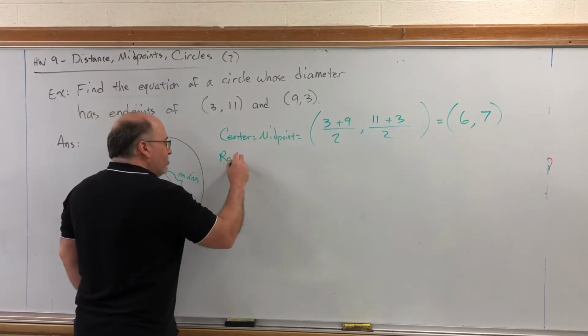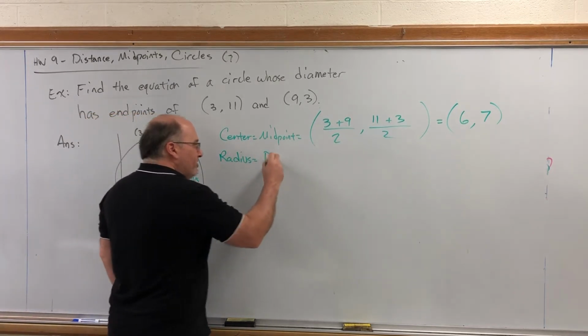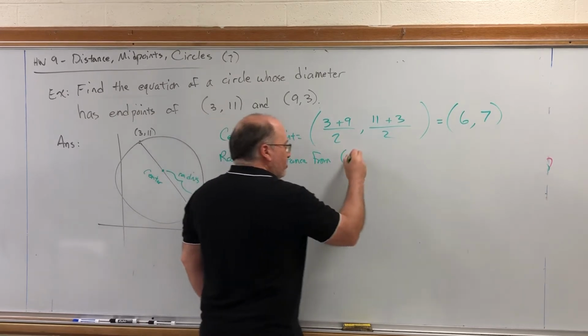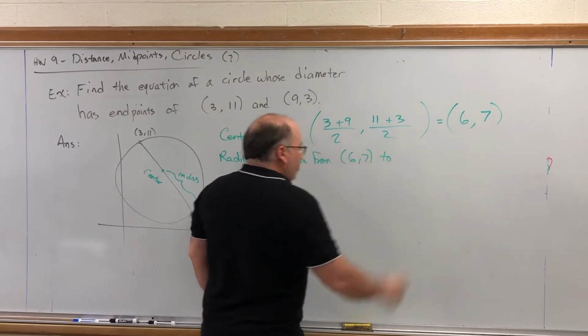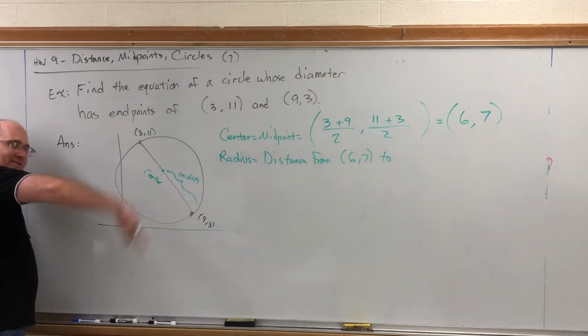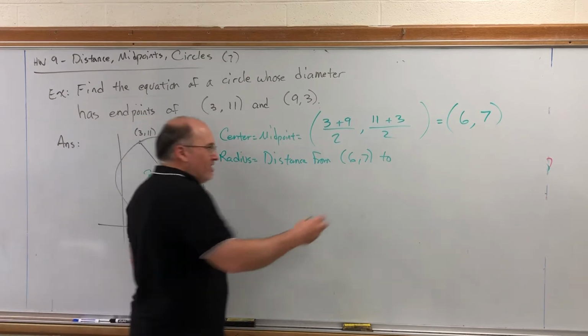So the radius is going to be the distance from the center, which we just found was (6, 7), to either point. It's the midpoint, so it's the same distance on either side. We'll use (9, 3).